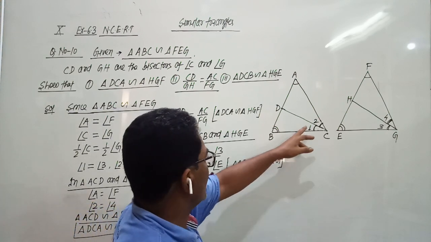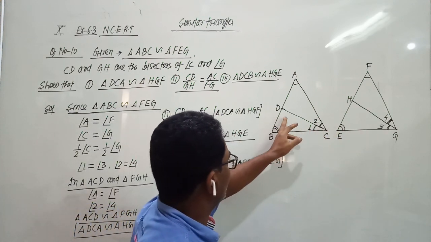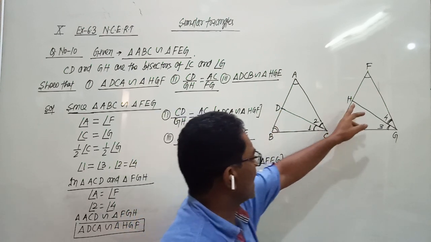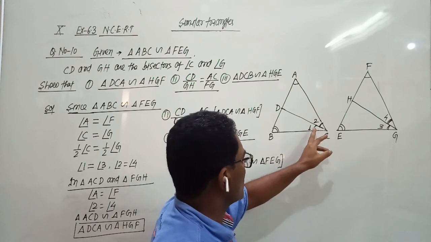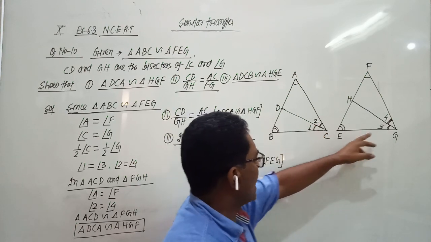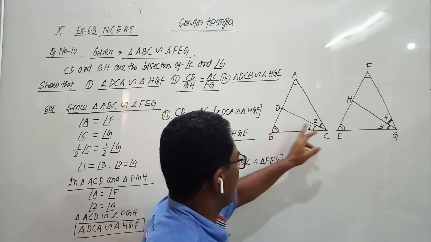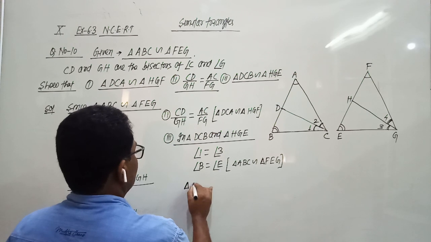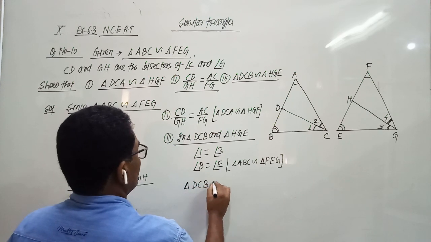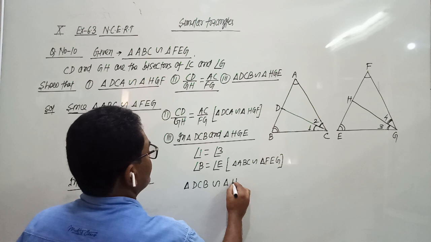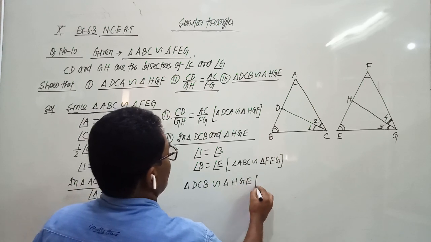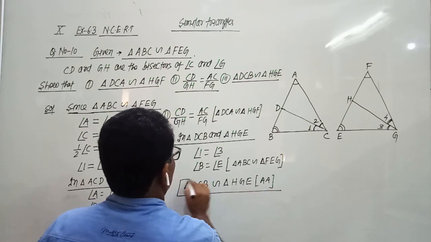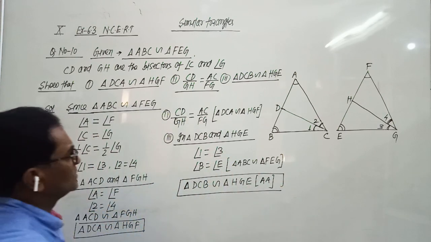And by bisector, we have proved that angle 1 equals angle 3. So in triangle DCB and triangle HGE, two corresponding angles are equal. Angle 1 equals angle 3 and angle B equals angle E. Therefore, triangle DCB is similar to triangle HGE by AA similarity criteria. So this was the third part which we proved.